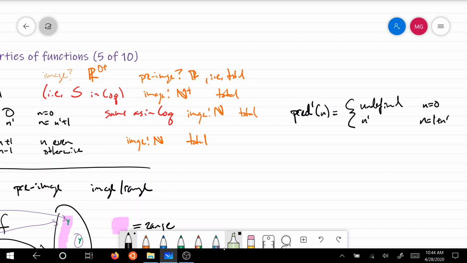Right, so here we're explicitly saying, okay, this function is undefined when n equals 0. A nicer way to say this might be something like this. Right, I like this one a little better. Pred double prime, because it makes it very clear that, look, we've only defined one of the cases. This is a partial function.